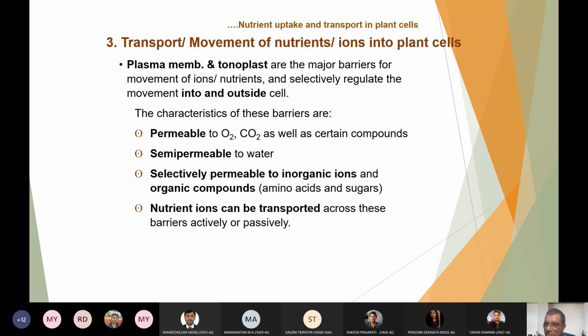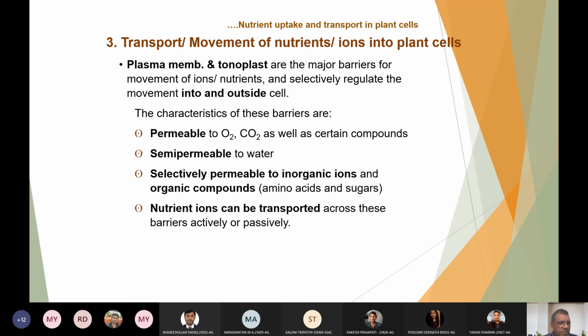Manjunath, what is tonoplast? Hello, sir. Yeah, it's the outer membrane of the vacuole. Very good. So, Wahid, you were very close to the answer, and the right answer is that it is the membrane of the vacuole. Very good, Manju. Okay, thank you, sir.